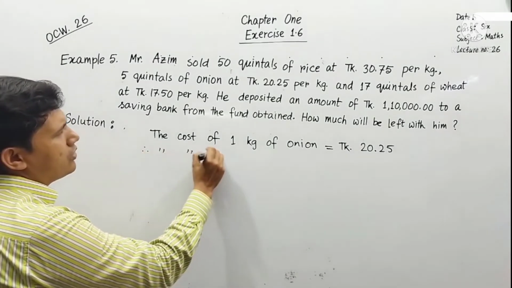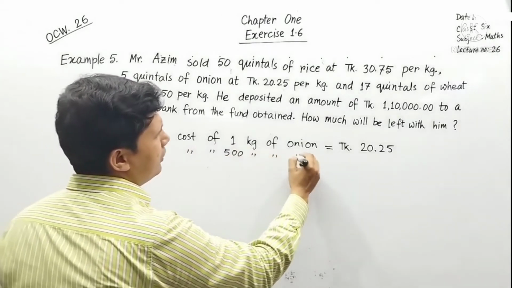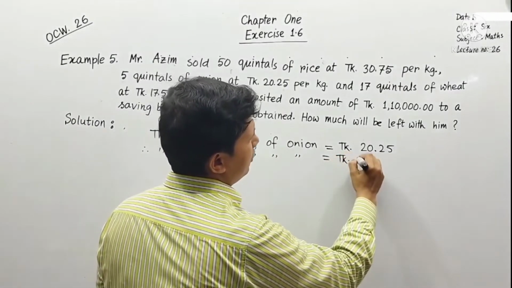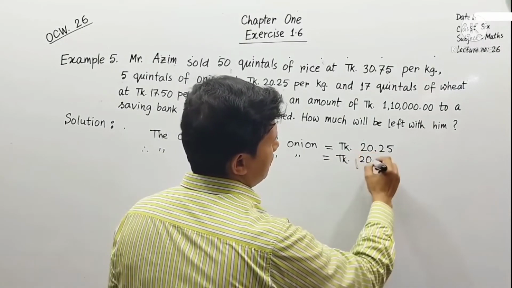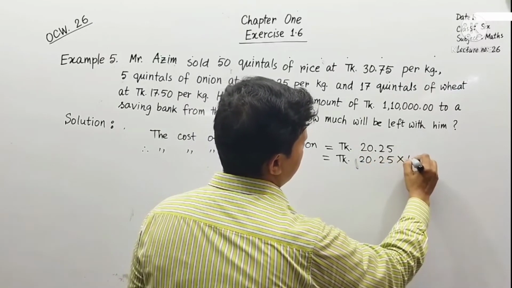Therefore, the cost of 500 kg of onion will be 500 times more, 20.25 into 500.